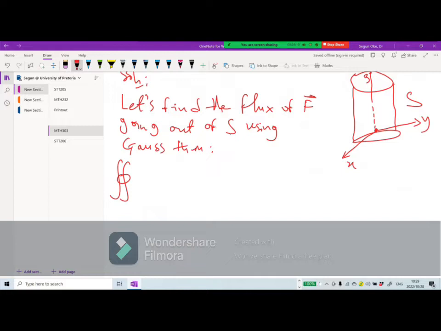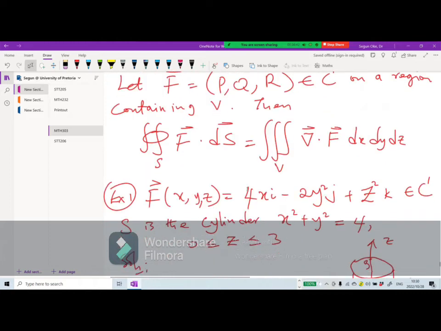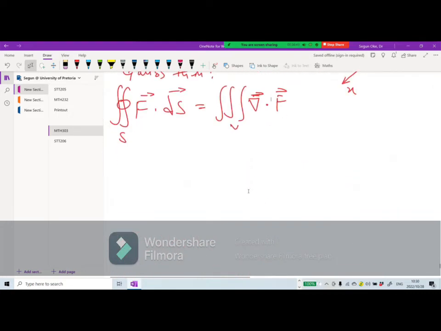We know it is the surface integral, double integral of F dot dS. We did this one before, so I believe we still know it. If you don't know it, please refer to your books. They are all there. If you look at this theorem, this is what we're trying to work on.